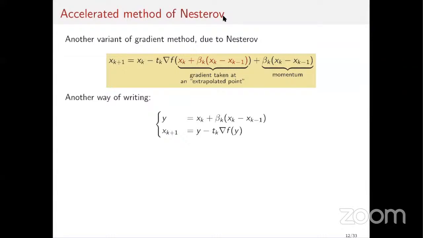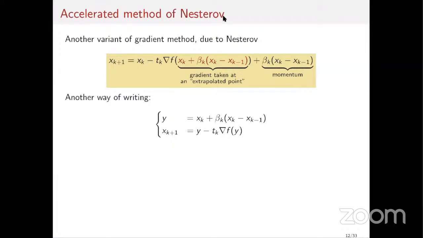Okay, but there is actually another method that looks very similar to this heavy ball method, but is slightly more complicated. That has been shown by Nesterov to achieve this optimal rate of convergence, this improved rate of convergence for the whole class of functions that we're interested in. So for all strongly convex functions, and there is also a fast convergence rate for all L-smooth functions.